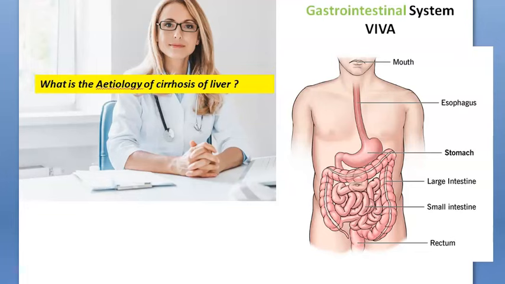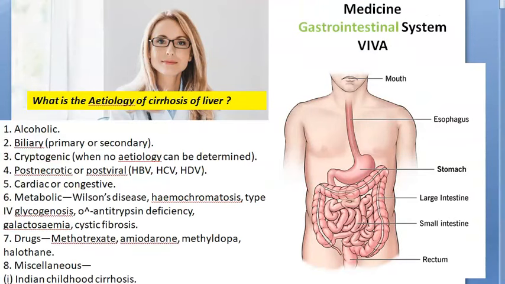What is the etiology of cirrhosis of liver? Ma'am, alcohol can be a cause, biliary causes can be there, like primary and secondary biliary causes, ma'am. Then it can be a virus, like hepatitis B virus, C virus, etc. Then there can be cardiac causes, ma'am. Then there can be Wilson's disease, a metabolic cause, copper accumulation. Then, ma'am, hemochromatosis, iron deposit. Then glycogenosis, then antitrypsin deficiency. Then galactosemia, cystic fibrosis.